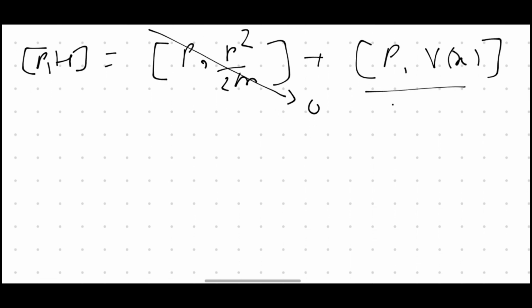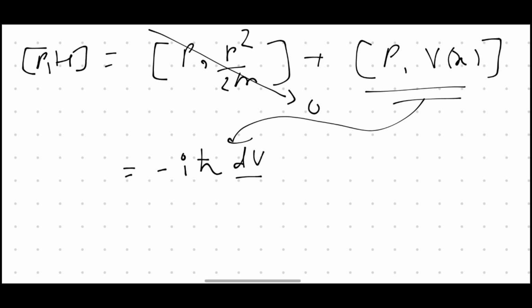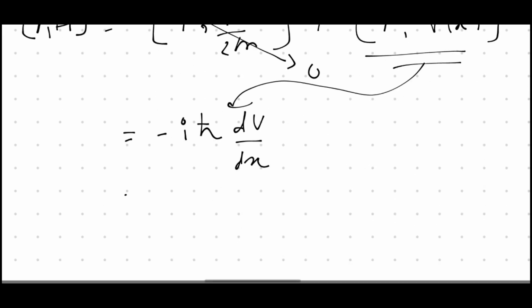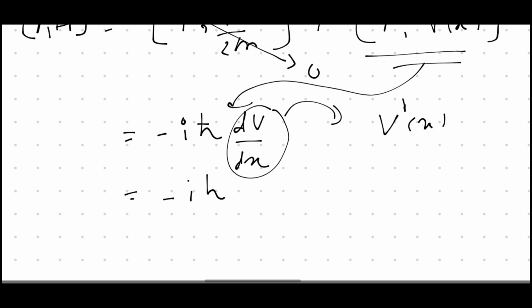So what does this give us? This gives us a very nice value, which is minus i h cut dv by dx, and we know that I can write dv by dx as v dash x. So I'm going to write it as minus 1 upon h cut v dash x.